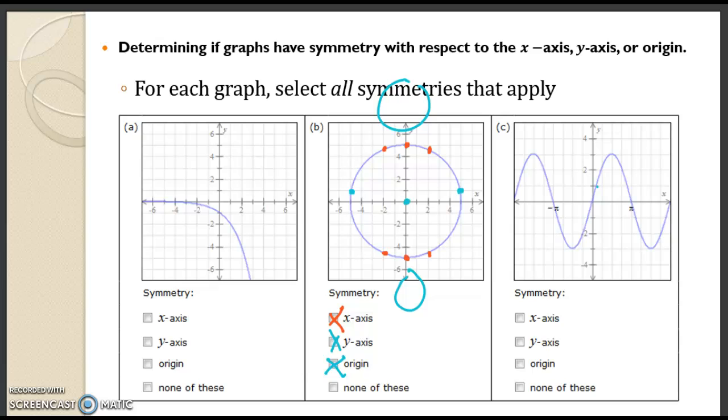So this one does have origin symmetry. So that is determining if graphs have symmetry with respect to x-axis, y-axis, or origin.